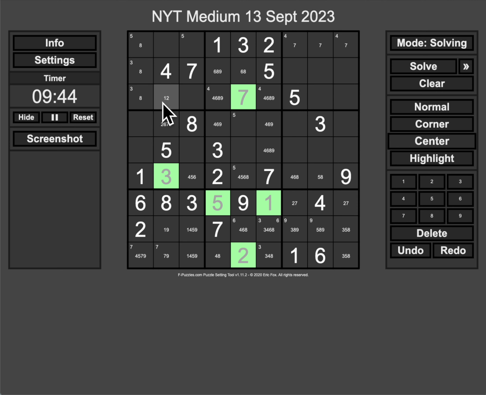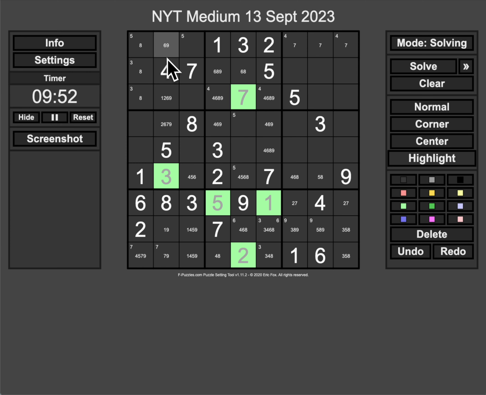This is 1, 2, 6, or 9. This is not 1 or 2 or 7. This is 6 or 9 explicitly. Well, I was hoping I'd get some usefulness out of that, but I didn't.